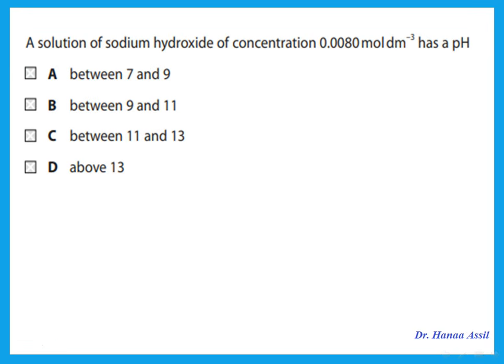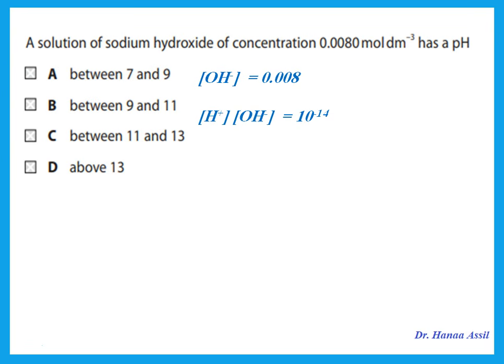A solution of sodium hydroxide of concentration this has a pH of what? So the concentration of sodium hydroxide solution he gives me is 0.008, and he wants its pH. So sodium hydroxide is a strong base. The concentration of hydroxide ion is the same as the sodium hydroxide, so here it is 0.008.